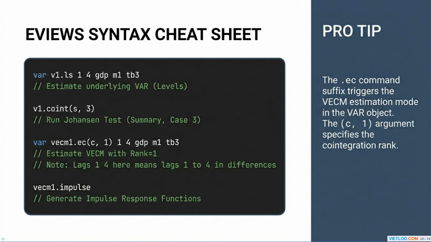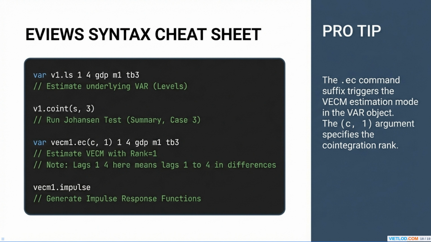This slide provides a quick EViews syntax cheat sheet for estimating vector error correction models. First, we estimate an underlying VAR model in levels, like var v1.ls 1 4 GDP M1 TB3, to determine the optimal lag length. Here, v1.ls indicates a standard VAR, and 1 4 specifies a lag range from 1 to 4 for the variables GDP, M1, and TB3.